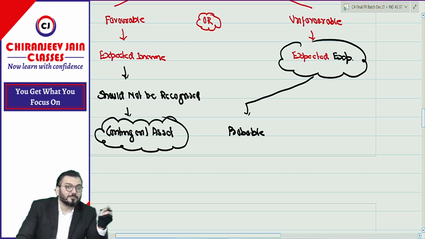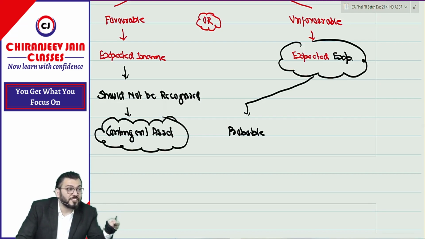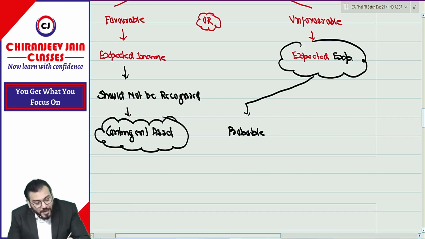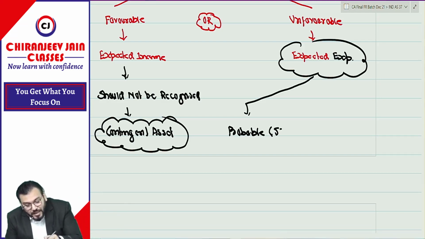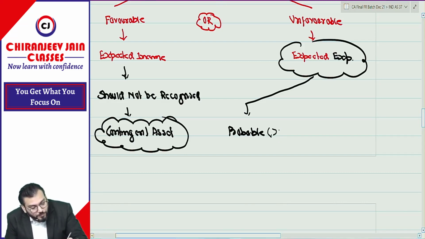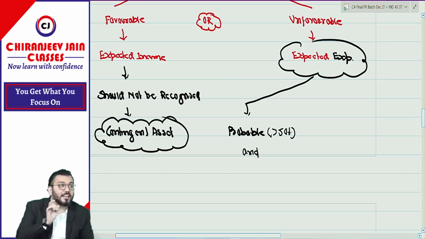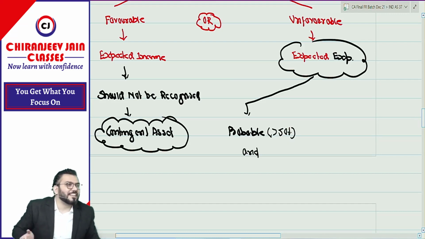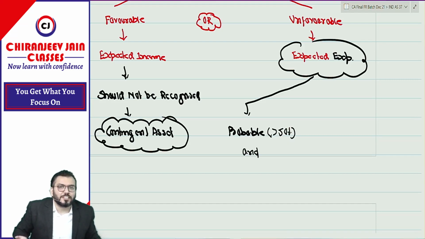If the expected expenses are probable, it means the chances are more than 50%. So when I say probable, it means more than 50%. I hope you are getting me. And with that, one more condition is attached: that the amount can be estimated. If the amount cannot be estimated, we cannot pass a journal entry, which means we cannot recognize a provision.